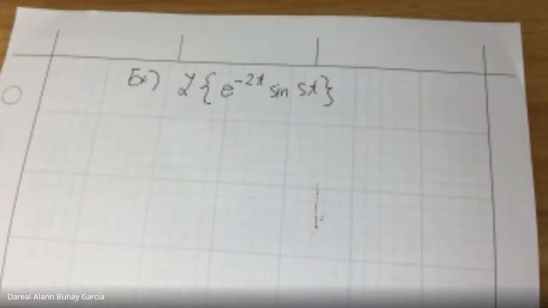So s squared plus 4s plus 4, and 4 plus 25 is 29. That's right. Okay, very good. Some say it's still incomplete.